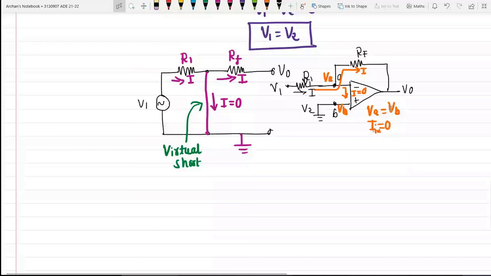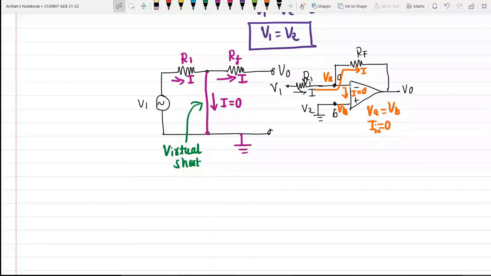Here I have grounded the terminal V2, so you can assume VA is also at ground potential. Then we analyze the various expressions already obtained, eliminating unwanted variables, so the output expression in terms of input and circuit parameters will be obtained.